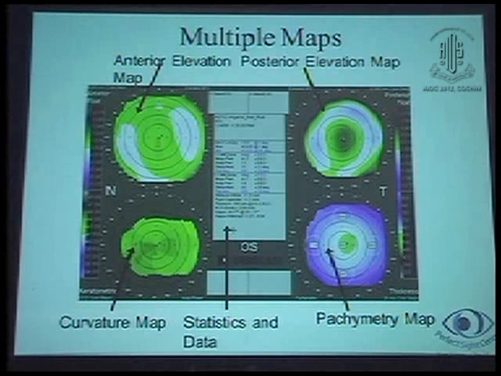They give you the white to white, which no other topographer is giving, and they also give you the anterior chamber depth from the endothelium side, which is very important, although Pentacam also gives that. So only elevation based topographers would give you the anterior chamber depth.